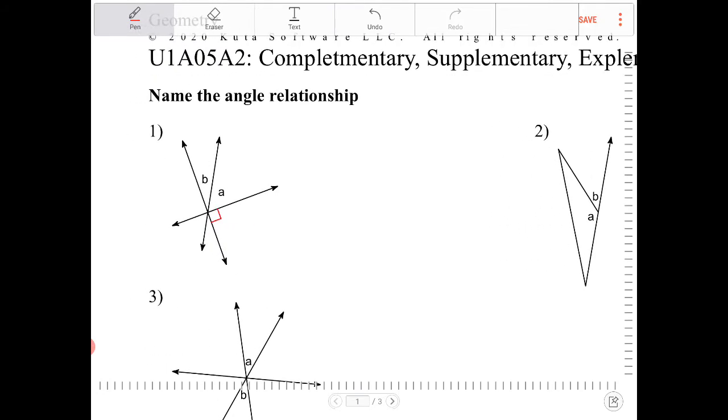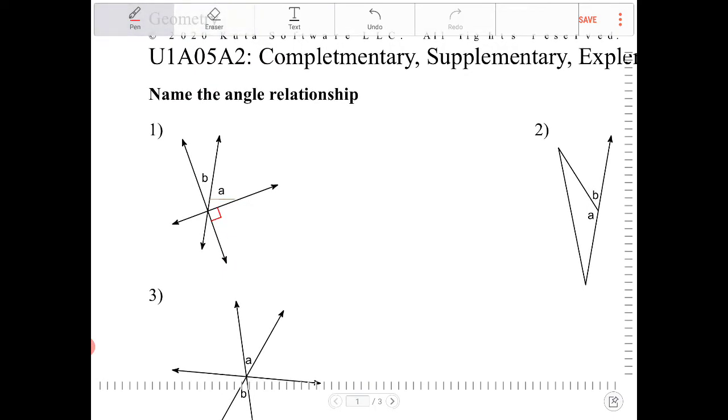So question 1, A and B, right? Because these 3 angles form a straight line, I immediately can tell that A and B is going to be 90 degrees because 90 and 90 makes 180 here. So therefore A and B are complementary.